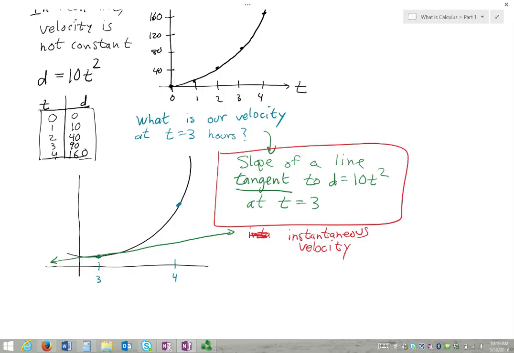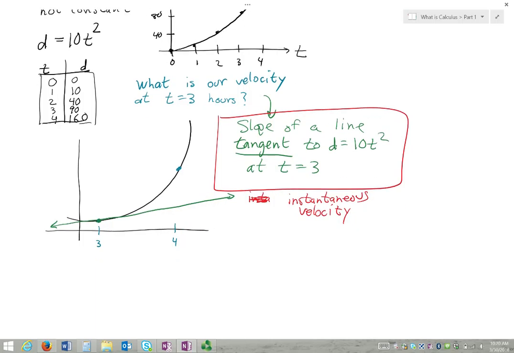Now, you may have noticed a problem. Why can't we find the slope at t equals 3? Anyone got it yet? We only have 1 point.